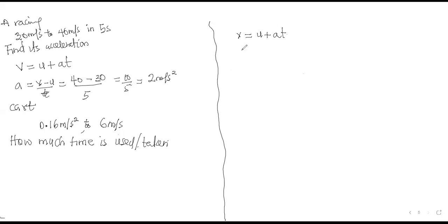What is the final velocity? The final velocity is 6. So 6 is equal to 9 plus negative 0.16 t.